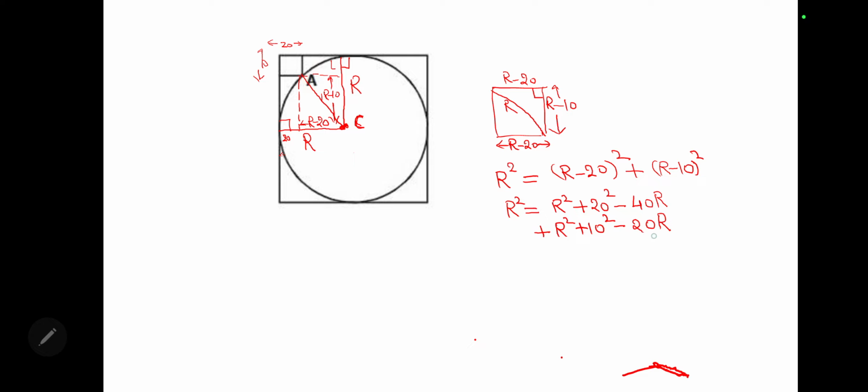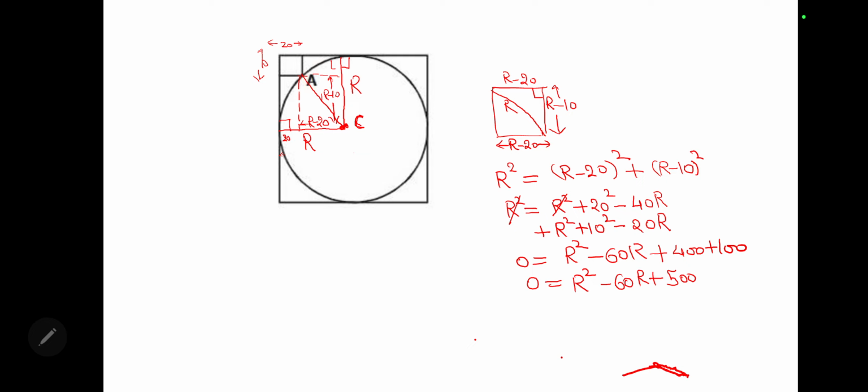I have only applied the simple formula of (a minus b) square. So this r square gets cancelled, and it will be r square minus 60r plus square of 20 is 400, square of 10 is 100. This will become r square minus 60r plus 500.